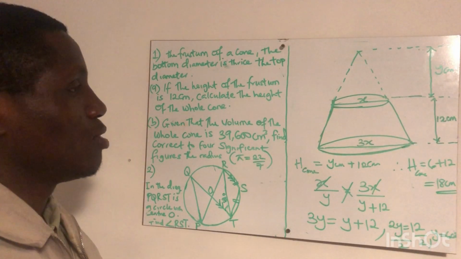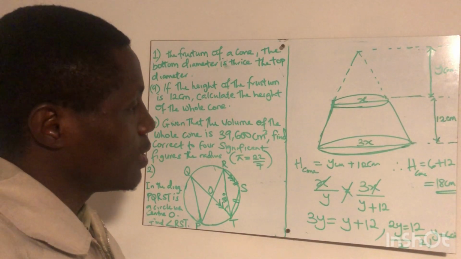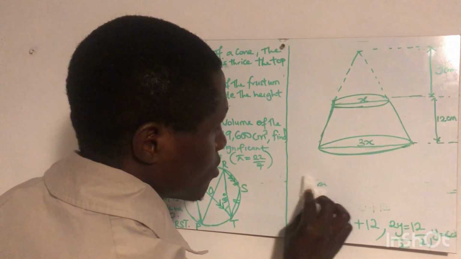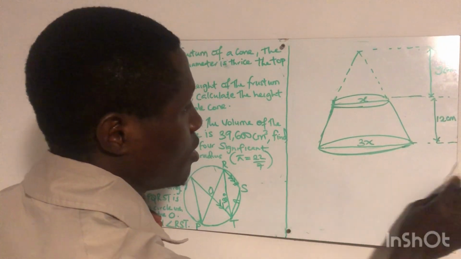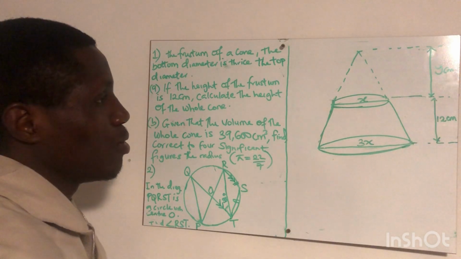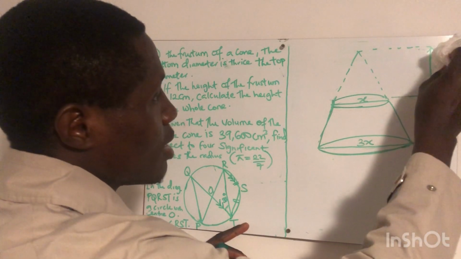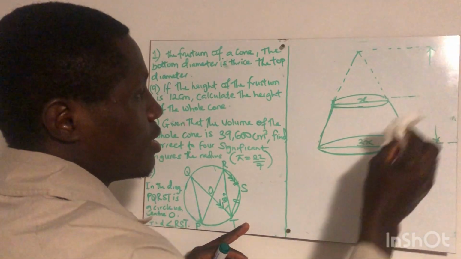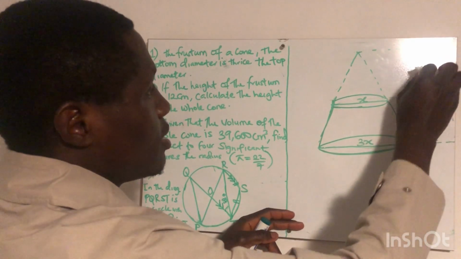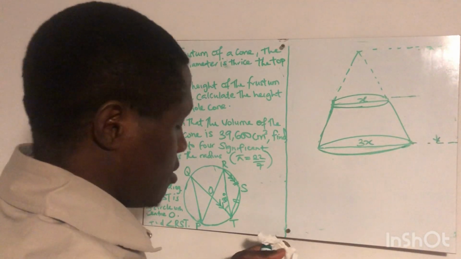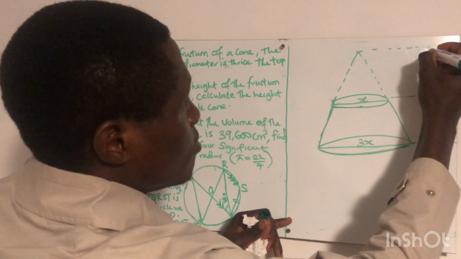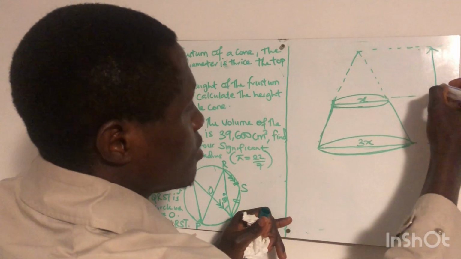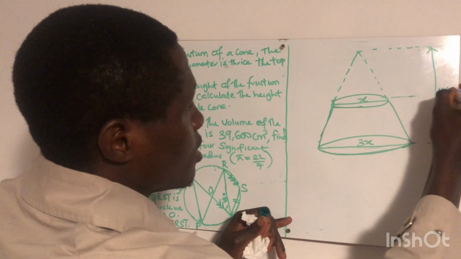So now let's jump into it. What I do now is to quickly clean this and leave the diagram alone. We know that the height of the whole cone is now 18 centimeters, so I can clean this and say from here to here is 18 centimeter now.